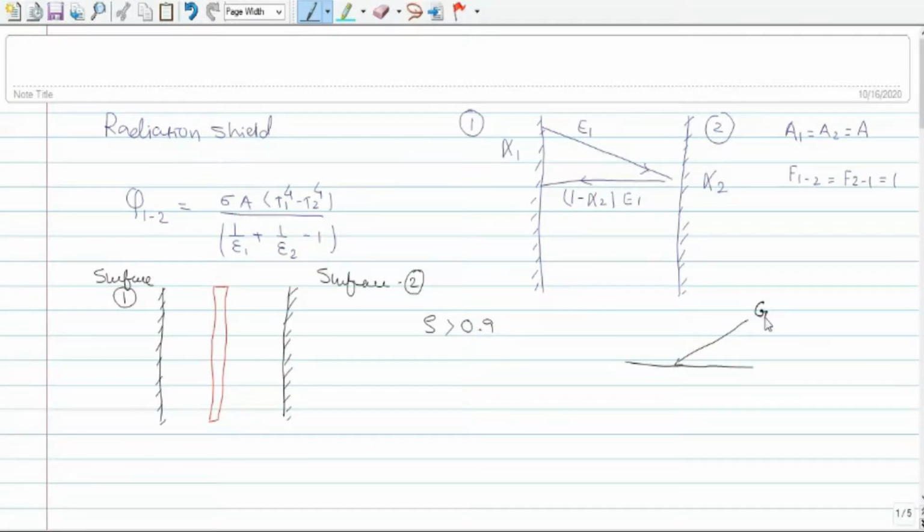Suppose G is the incident radiation and the reflectivity is very high. So more than 90% of the energy is reflected back, and only close to 10% of the energy is absorbed by the surface.